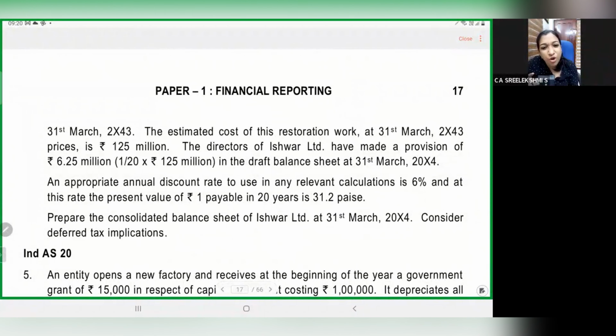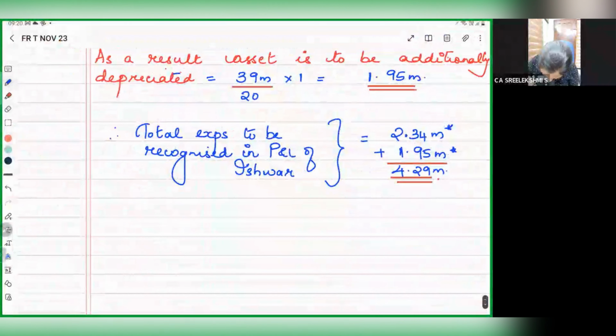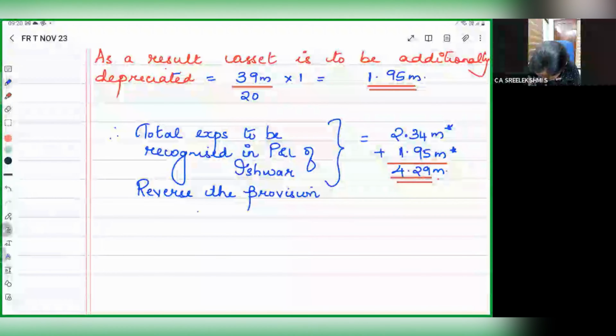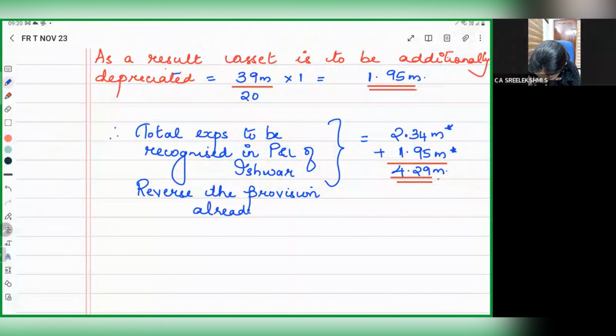Nothing was said about depreciating it, only that the provision was created. So what we'll do is reverse the provision already created.